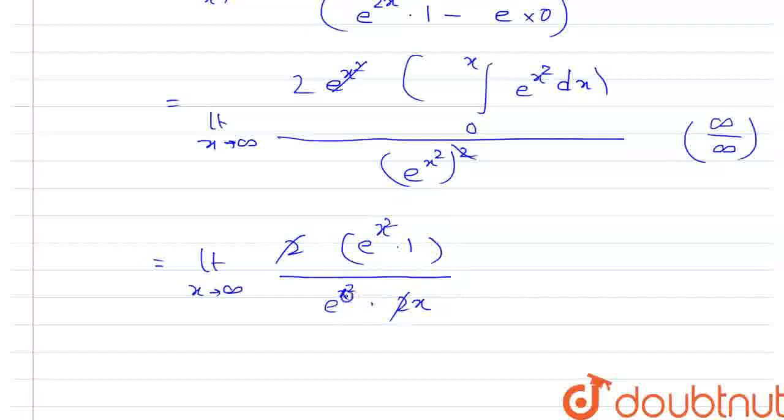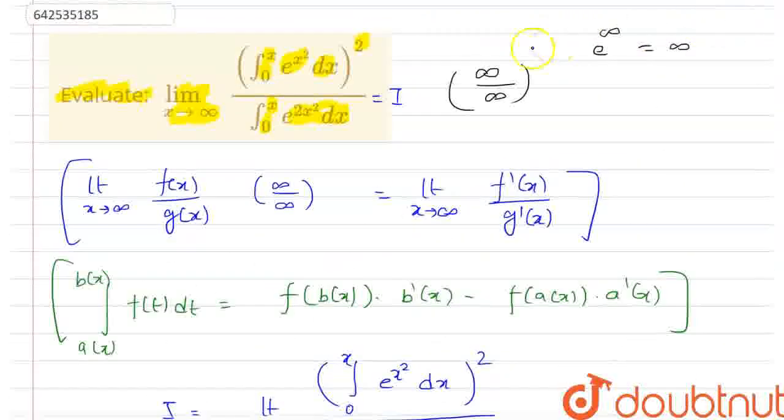So this will get cancelled out. Also e to the power x square will also get cancelled out. So we got this as limit x tending to infinity 1 by x, and now we can apply the limit. So 1 by infinity will be equal to 0. So we got the value of this limit as equal to 0, and this is our answer.